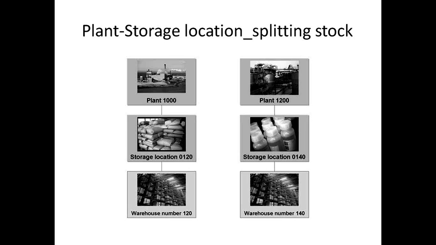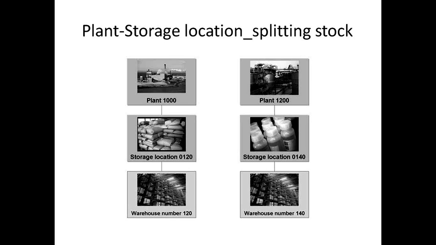For example, we have plant 1000 and storage location 0120, and we also have one storage location called 0130. We assign plant 1000 and 0120 to warehouse 120, and we have not assigned 0130 to any warehouse management. We have left it like that.